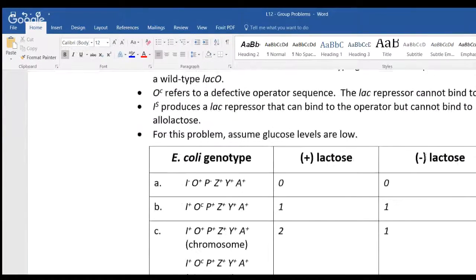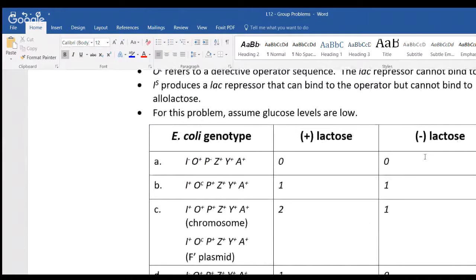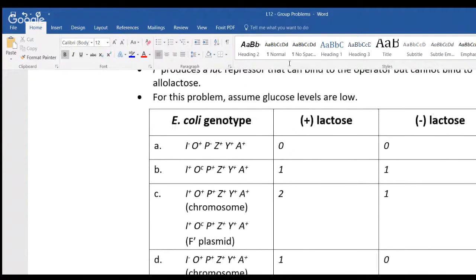For question 5, we're looking at how yellow liquid turns depending on what's in it and whether we are given it in the presence of lactose or in the absence of lactose. So for the first one, we look at our genotype, and no yellow color is going to be produced because the lacI is non-functioning and the lacP, so transcription can't take place.